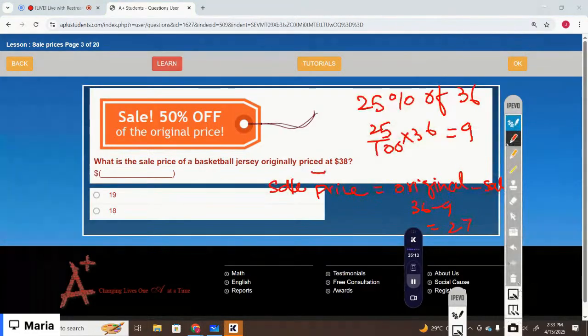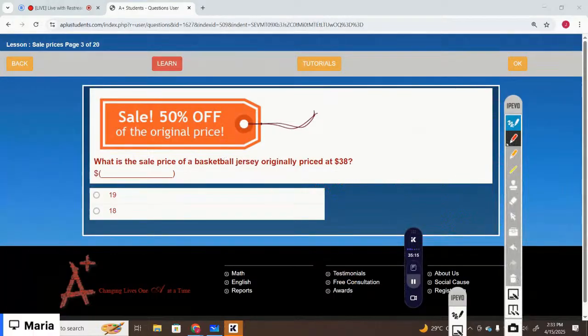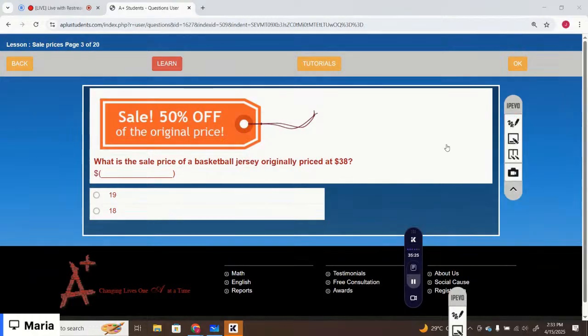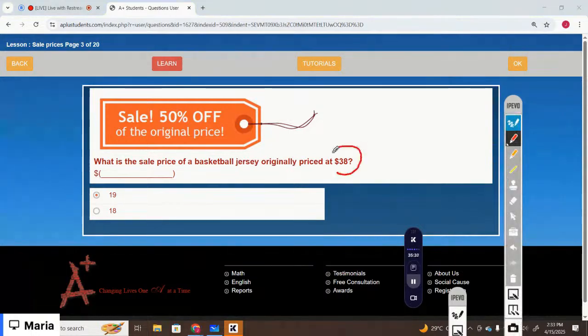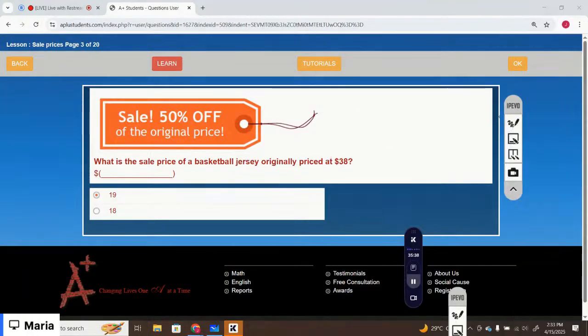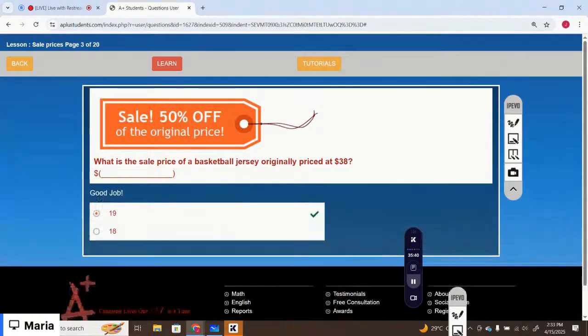If you think logically, 50% means half price. So half of 38 is 19. That is the logical answer. If you need to calculate, you calculate 50% of 38 and subtract the discount from the original price. Then that would be $19.